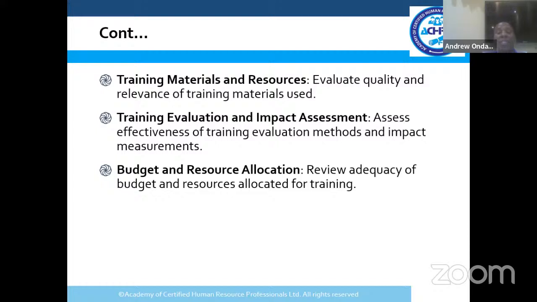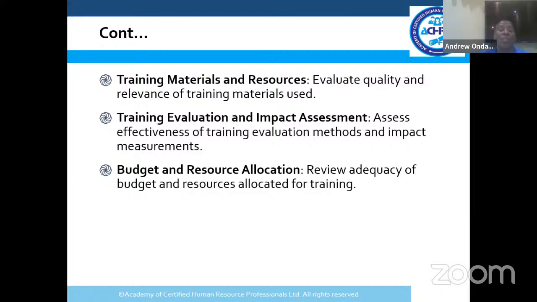I want to believe that in all our organizations, we have a training budget every year, which we always present to the authorities for approval. And because training is very important, our budget should also be adequate. So the other question you ask is, is the budget adequate? If it's inadequate, you may end up with very few trainings or no training at all, which may affect the performance of employees.